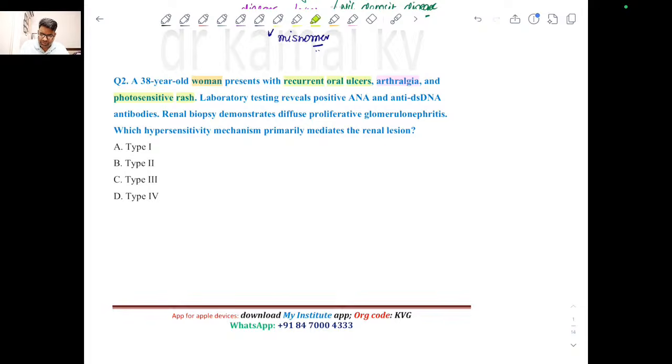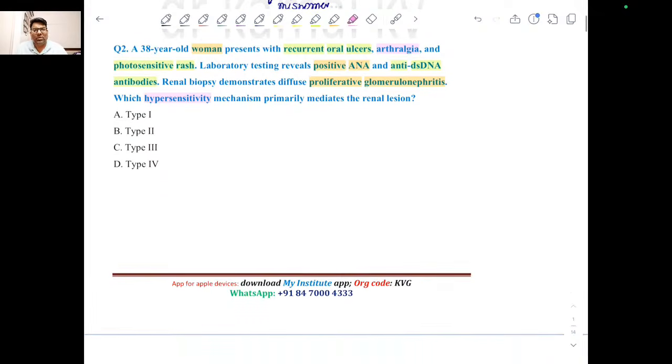Lab tests show positive anti-nuclear antibodies and anti-double-stranded DNA antibodies. Renal biopsy shows diffuse proliferative glomerulonephritis. I think most of you must have understood the clinical diagnosis here, so it becomes very easy to answer which type of hypersensitivity reaction this is.